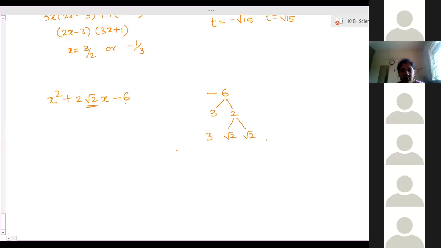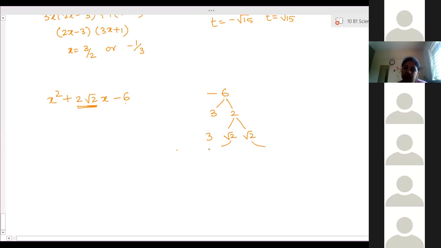Now we have to check and interchange these so that we get 2 root 2. The sum or difference of 2 terms should be 2 root 2. So to find the sum or difference, this root 2 and this root 2 should go to 2 different numbers, right?